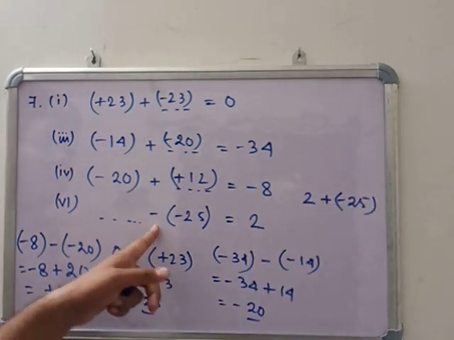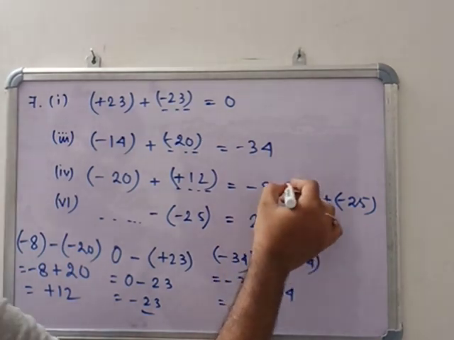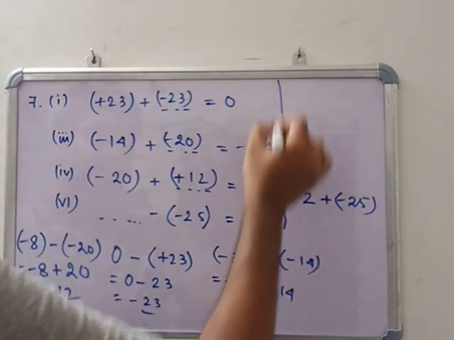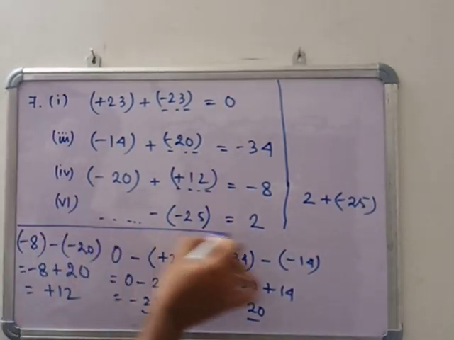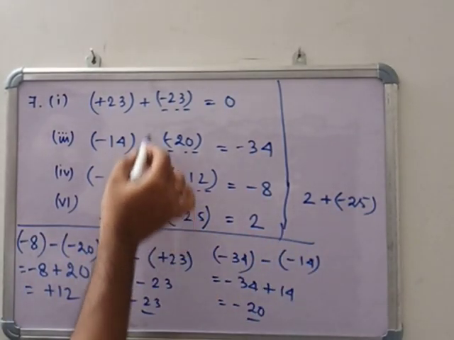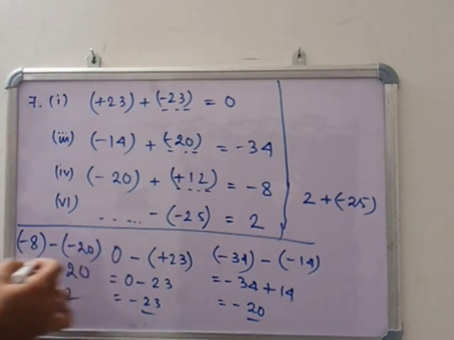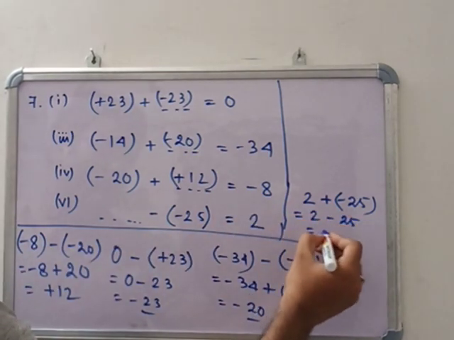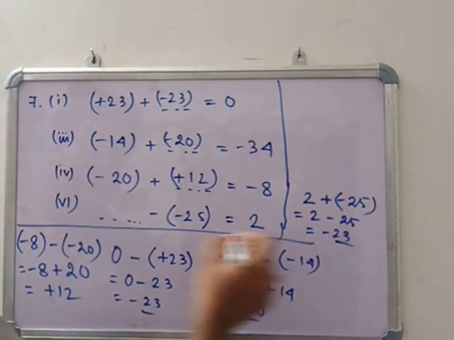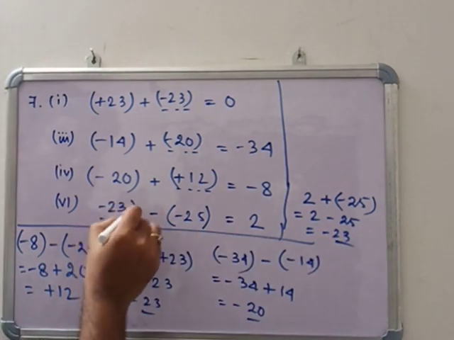You have to plus. When the minus sign is in the middle, we have to plus. And when plus sign is there in the middle, we have to minus. That means 2 minus 25. That means minus 23. So right here minus 23.